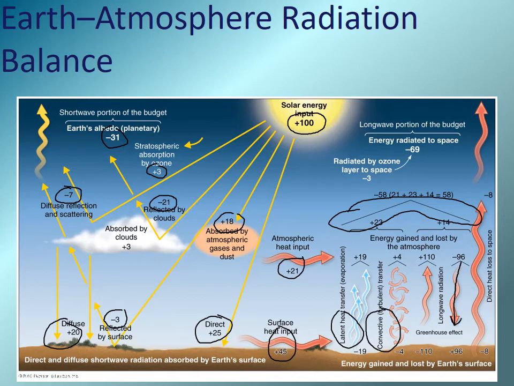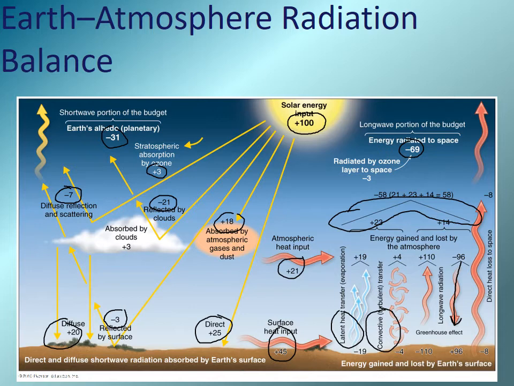That's really what the greenhouse effect is. And some of that energy does go all the way out to space, but notice here that in a perfect world, all the energy that's coming in, which is, we have 31% that's being reflected, so we have 69% that's actually being absorbed, okay? And all of it goes right back out to space. So in a perfect world, we have a balanced budget.